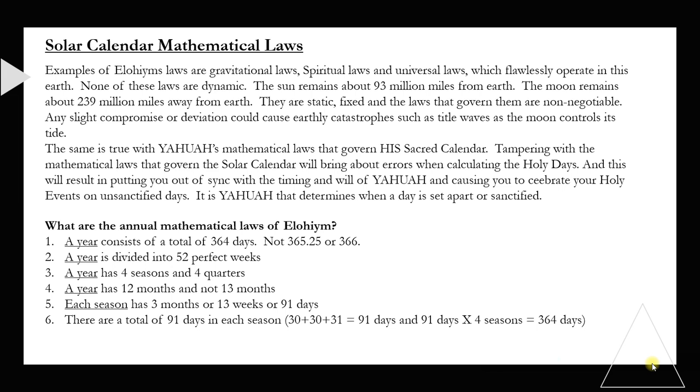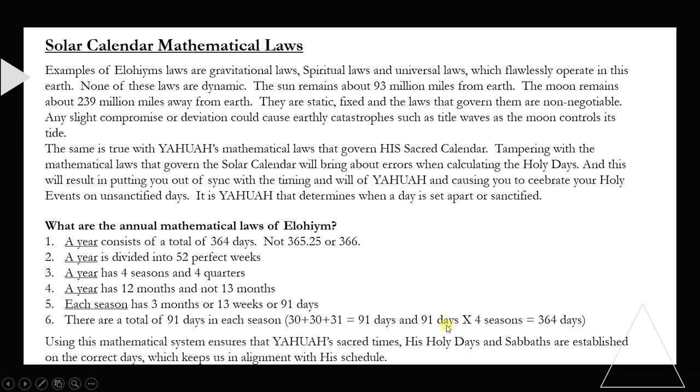So I want you to see that there are some fixed calculations for the calendar and that they do not deviate from this method. Okay. Using this mathematical system ensures that Yahuwah's sacred times, his holy days, and his Sabbaths are established on the correct days.